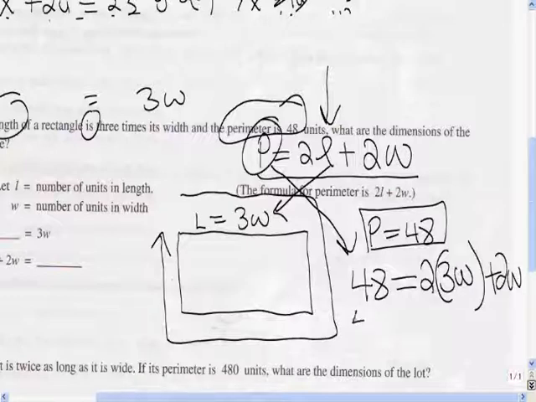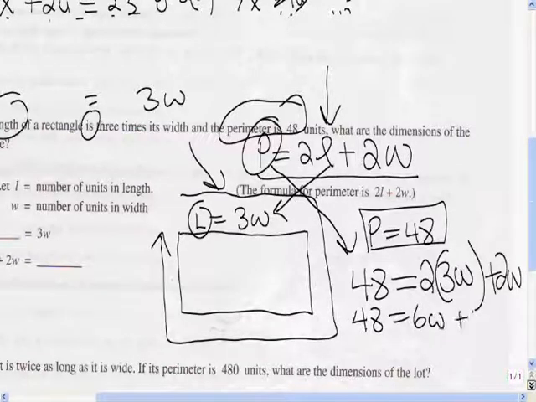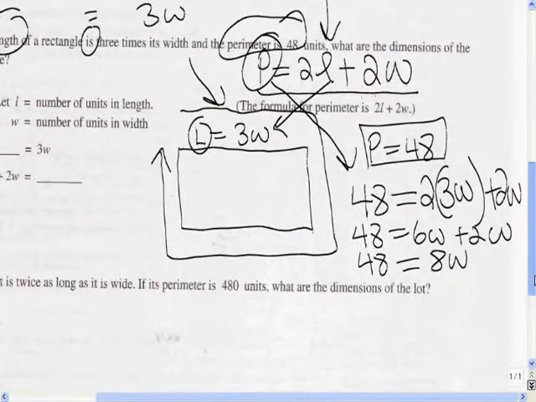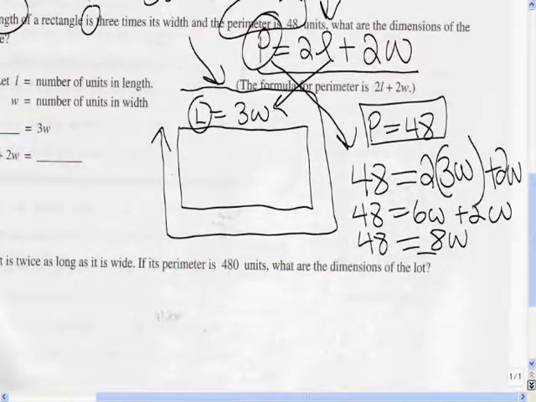So then I start solving for W. Once I know what W is, I'm going to plug it in here to figure out what L is. So 48 equals 2 times 3W, which is 6W, plus 2W. So 48 equals 8W, right? I want to get W by itself, so I'm going to divide by the coefficient of W, which is 8.